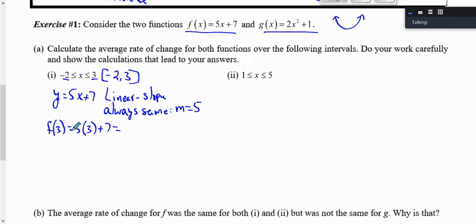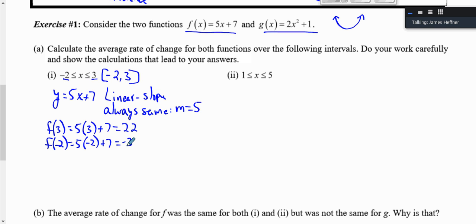Yep, 22. Now let's find the other one, f of -2. So that would be 5 times -2, plus 7. -10 plus 7 is -3, okay?